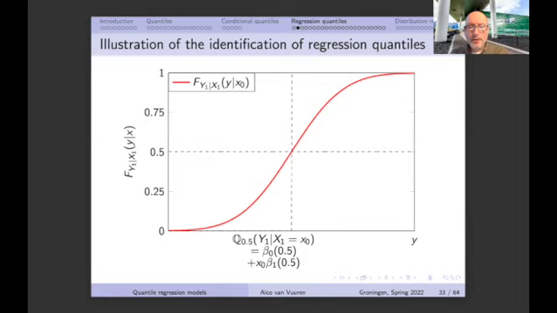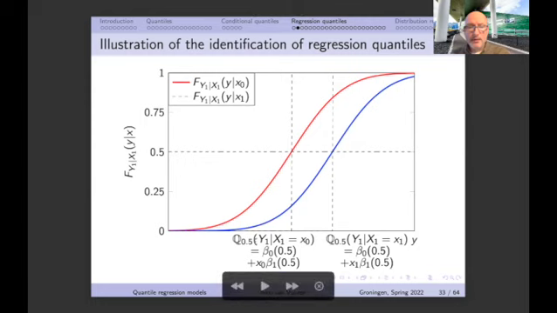Well, suppose now that, apart from an outcome of x1 equal to x0, there is also the possibility that we have an outcome of x1 equal to little x1. And suppose that the distribution function that belongs to that is this distribution function that we have over here. Again, this is known at the moment that we think about identification.